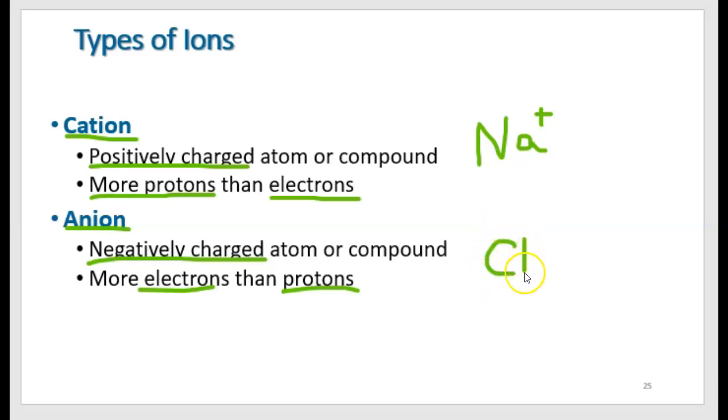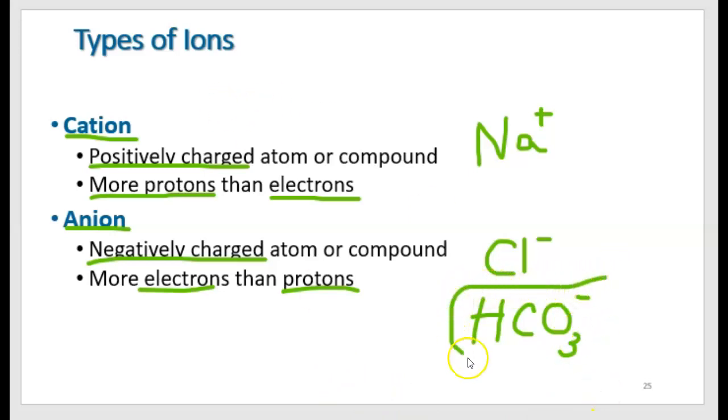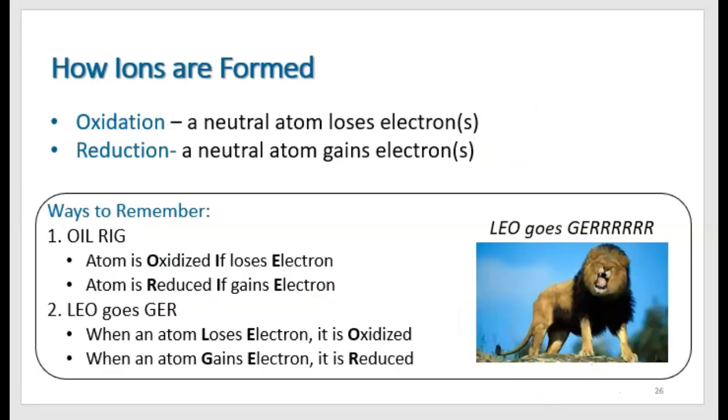A chloride ion is an anion, or negatively charged, and then later one that's going to become really important is something called bicarbonate ion, HCO3. That is also a negatively charged ion or an anion. But notice that it's not just one element. It happens to be more of a molecule or a compound. But we still call it an ion because it's a charged particle.